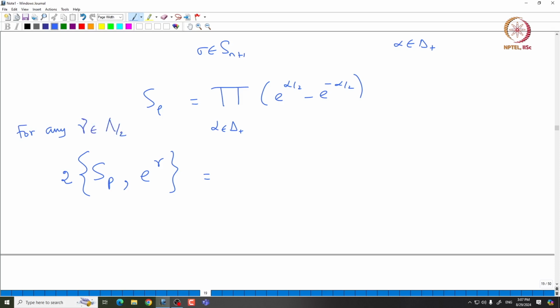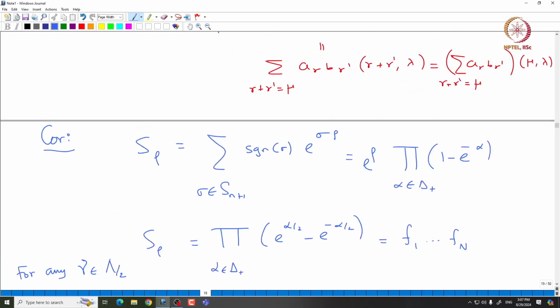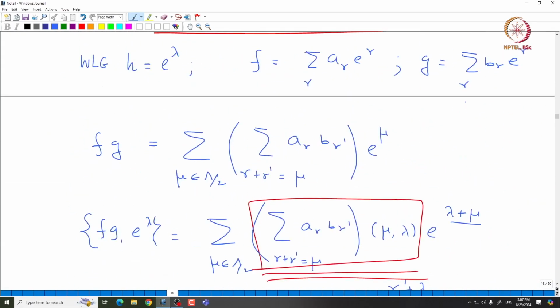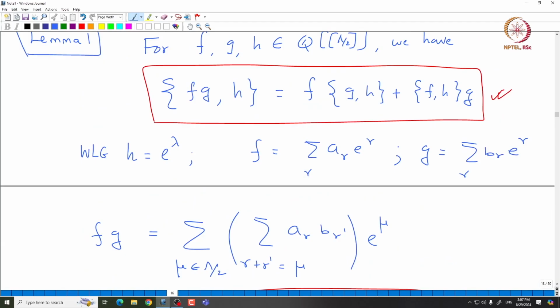Now, the thing is S_rho is a product. If you write it as some F_1 through F_n, you can easily see that using this formula. So, let us recall the formula. The bracket [F g, h] is nothing but F times the bracket [g, h] plus the bracket [F, h] times g.